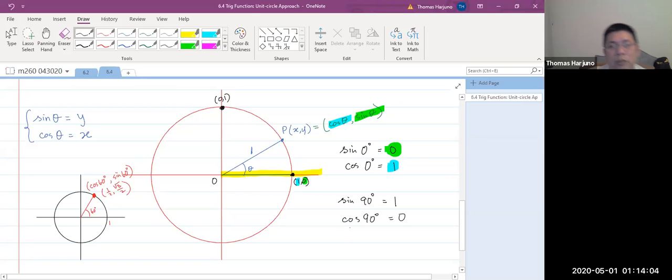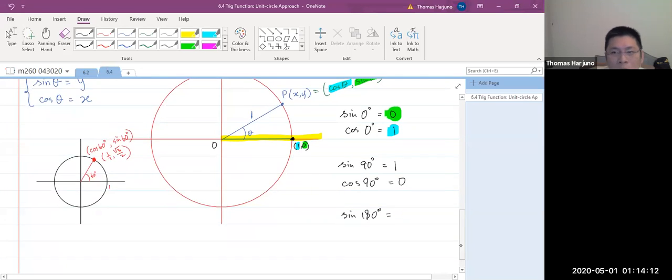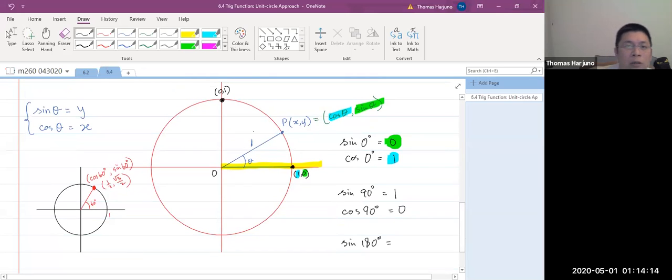Now, how about sine 180 degrees? Well, that's the y component of the coordinate that corresponds to 180 degrees. You see what I mean?